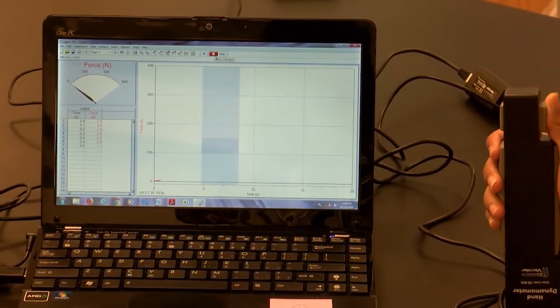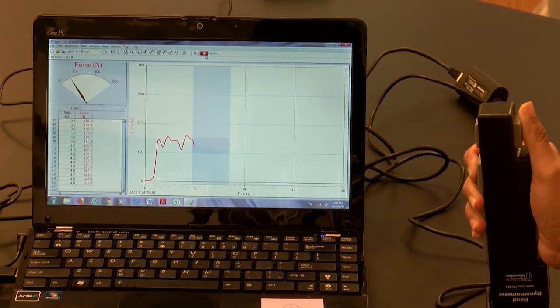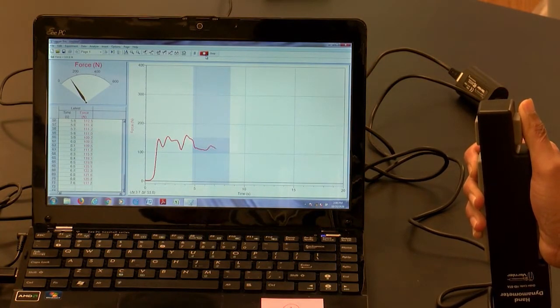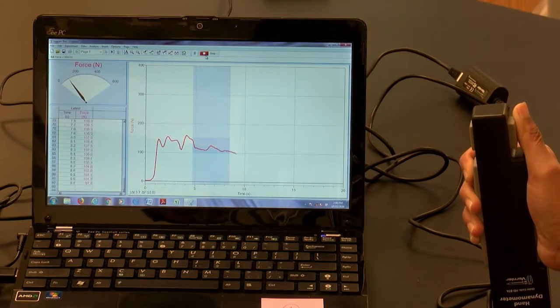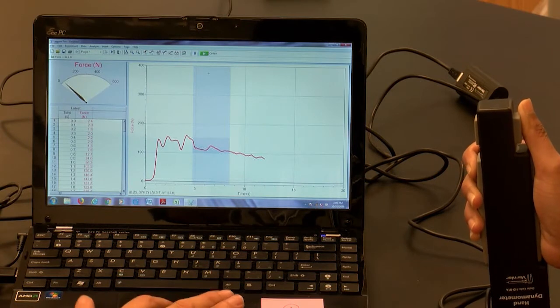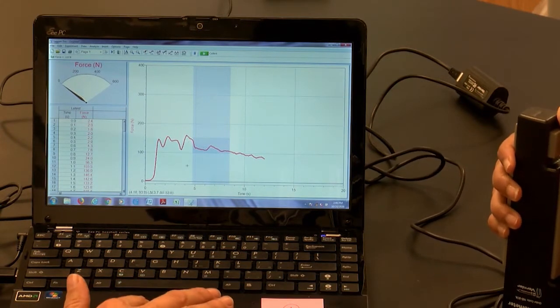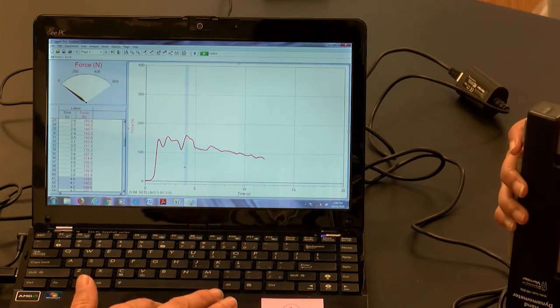Go ahead with collecting, and we're going to squeeze for 10 seconds. Very good, thank you very much. Now we're going to do our 4 to 8 seconds again and get that measurement.